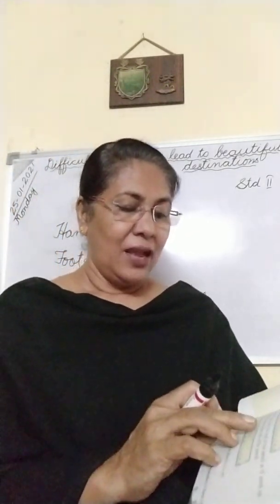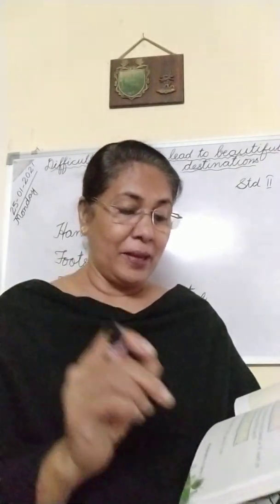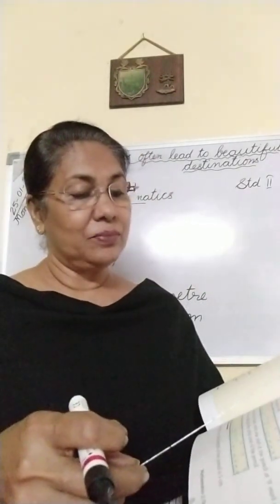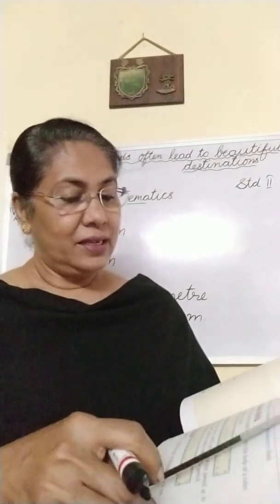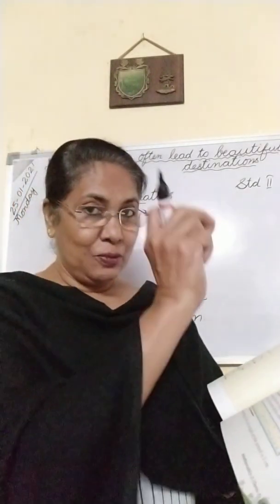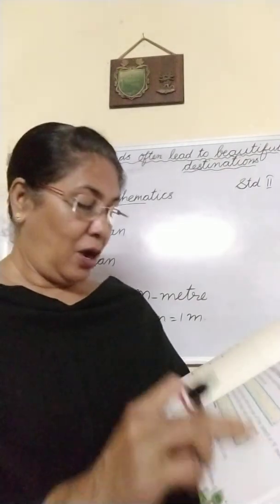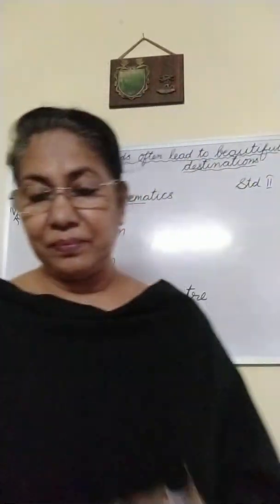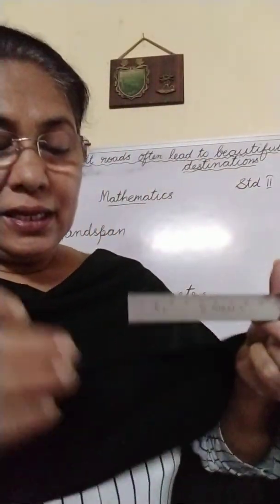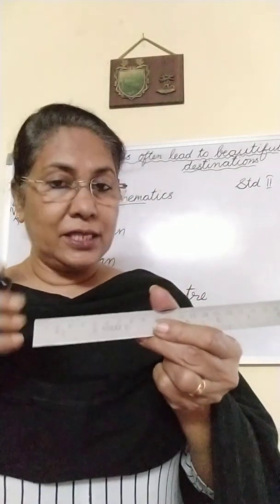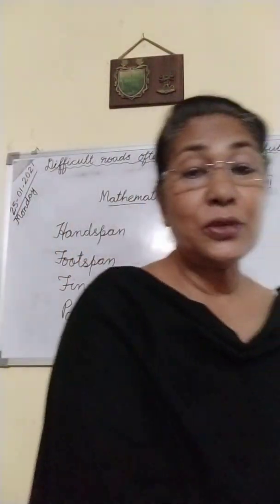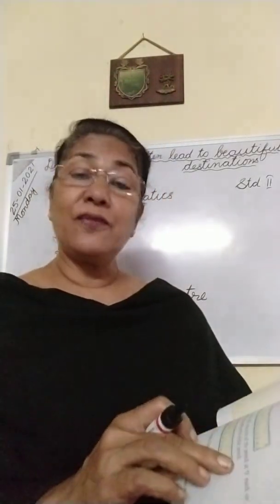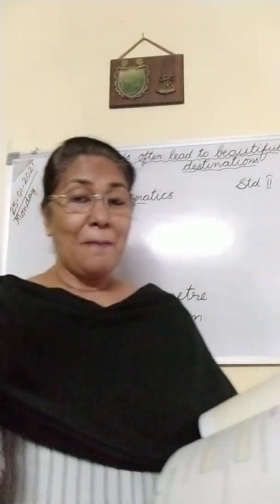And then what is it? With one end of the pencil at the 0 mark, there is a 0 mark on the ruler. When you begin, you mark that 0 mark on the ruler. Then we check the mark at the end of the pencil.